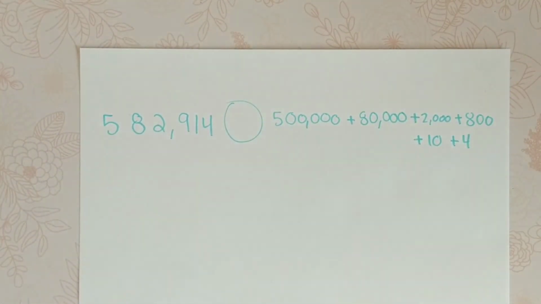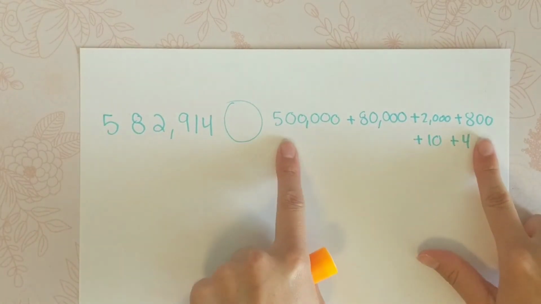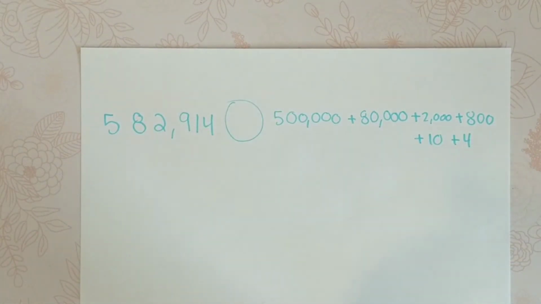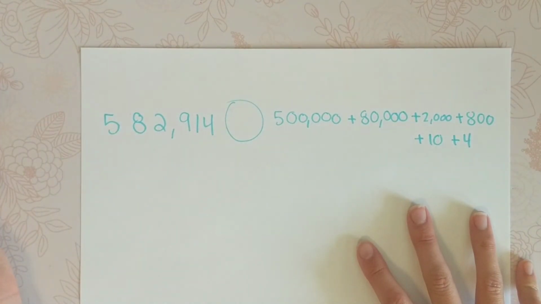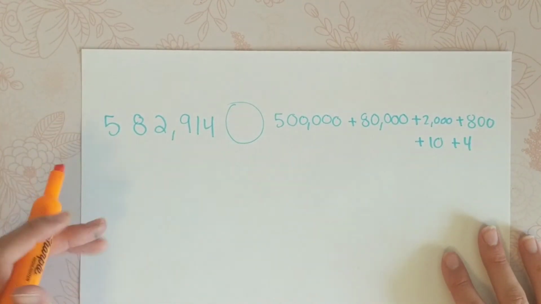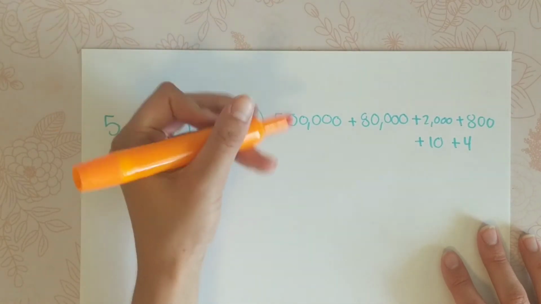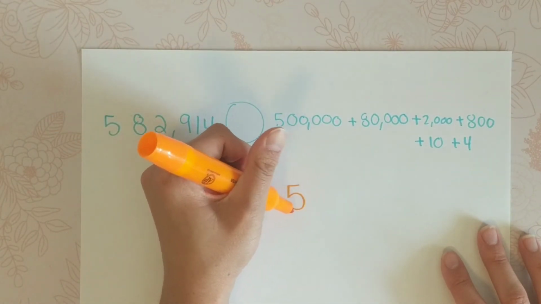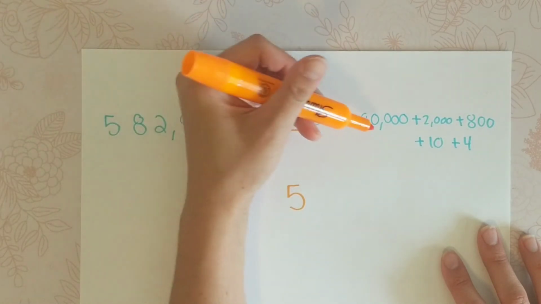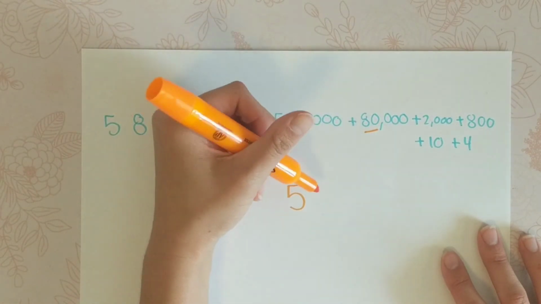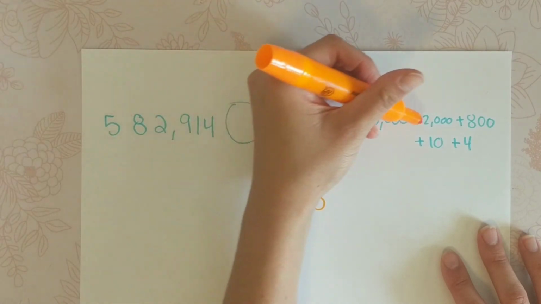Here's how I suggest you do this. Write this in standard form. It's in expanded form, you need to write it in standard form. Okay? So we have a 5 in the 100,000s place. An 8 in the 10,000s place. And you can see the zeros are going down.